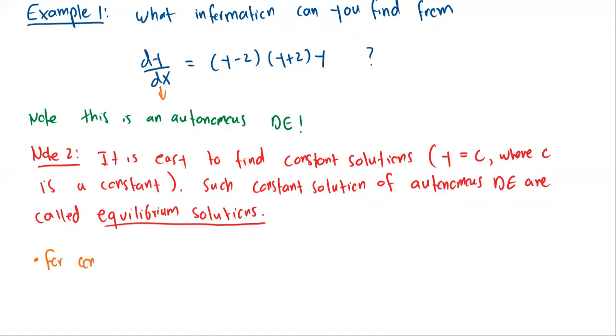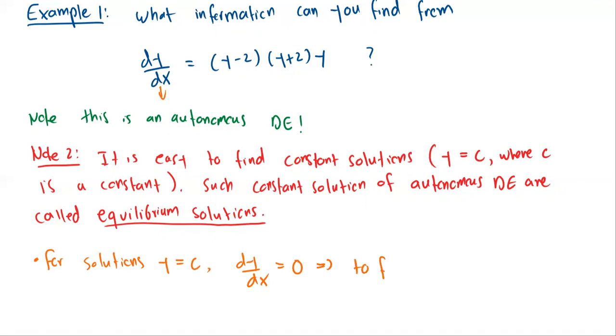So let me write that. For constant solutions, or for equilibrium solutions y equals c, dy dx is always equal to 0. So the left-hand side is always going to be equal to 0 if we choose our solution to be a constant. What that means for us is we need to look for constants that make the right-hand side equal to 0.